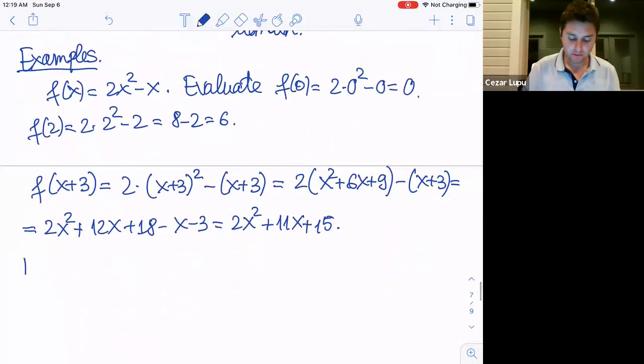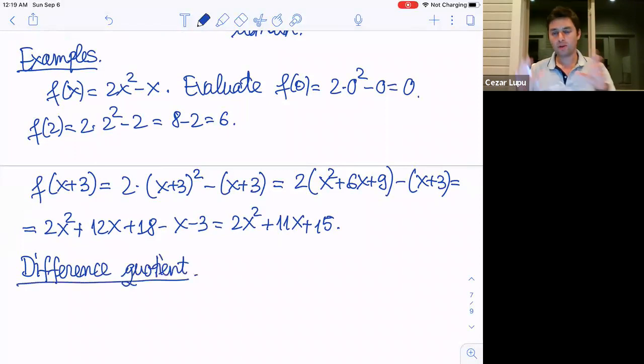Let me talk about the difference quotient. I think I mentioned it in the first lecture when I gave you the example with Aaron and Alex, who just want to jump off the building, and they're wondering what happens at that moment, t equals 1.